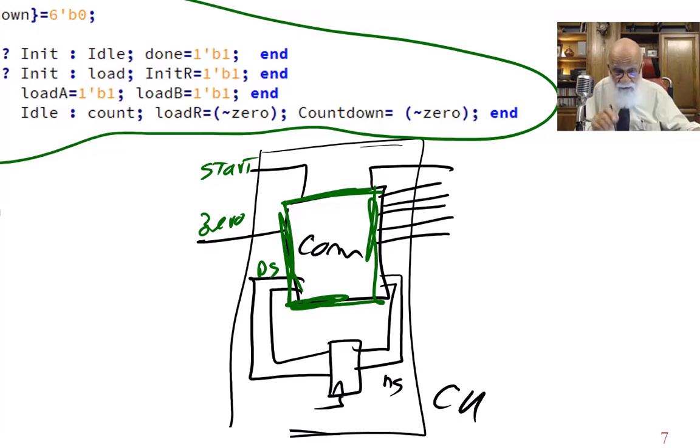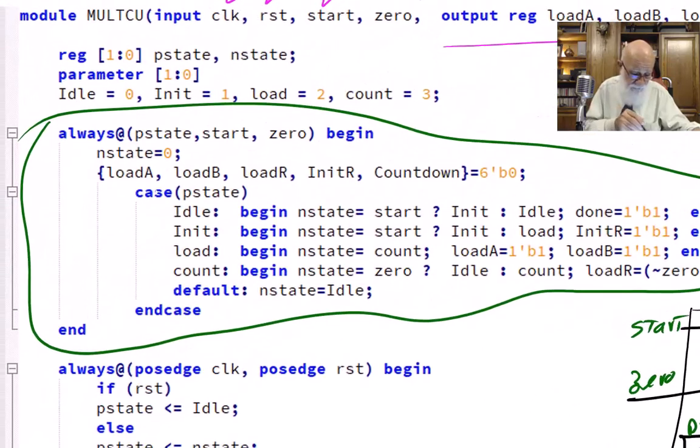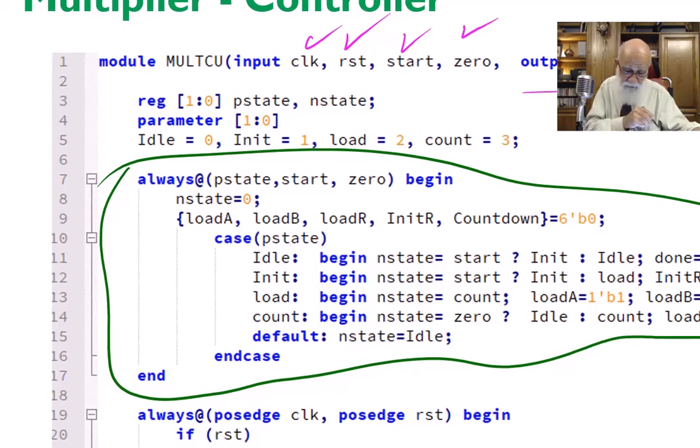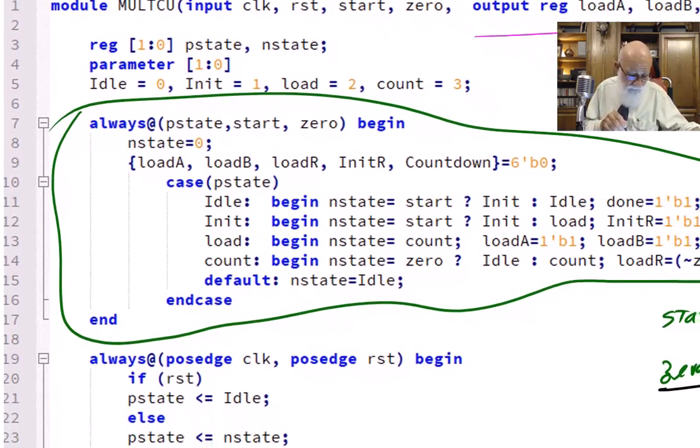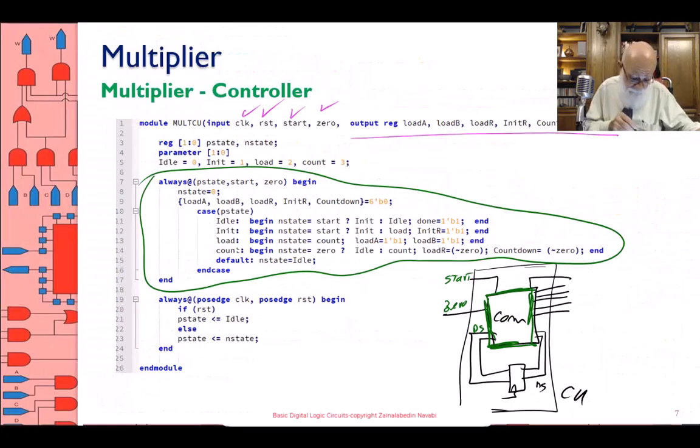In order to stay on the safe side, all the outputs are set to their inactive values at the very beginning of the always statement. So line 8 and line 9 set all these outputs to their inactive values. Then case present state. If I'm in idle, next state becomes just follow the state diagram. Let's look at line 11.